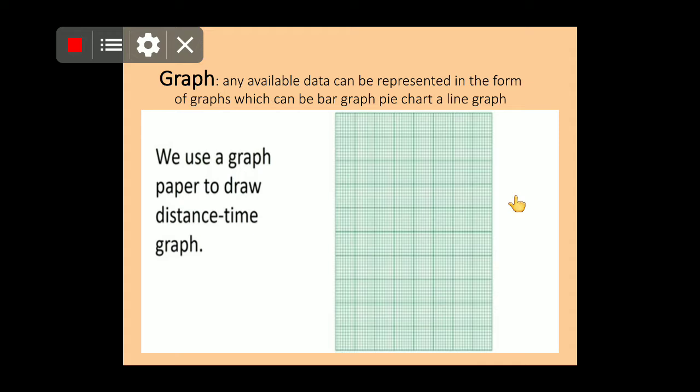In this way, that data is shown in the form of a pie graph. And you must have seen that population is always represented in bar graphs.